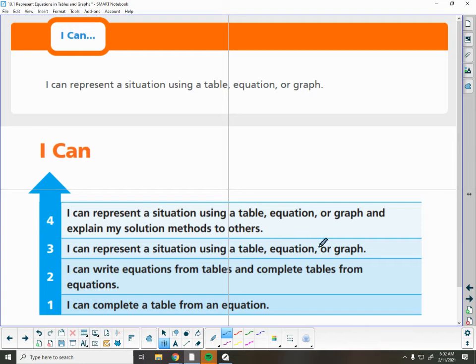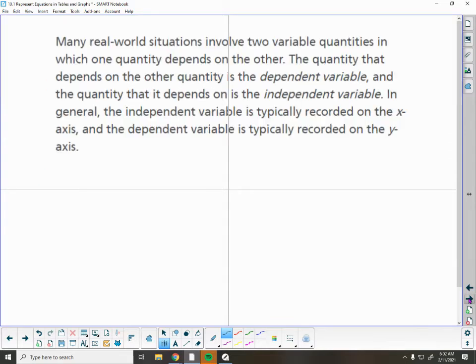So this one you can make any type. This one, you need the table already or the equation already set up for you. Part of it's already done. Or if you can fill out a table when all the information is provided to you, that's a 1.